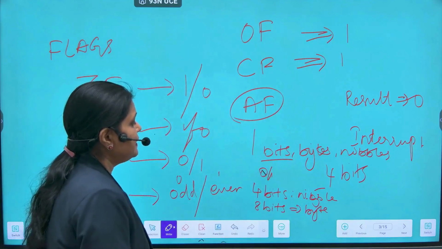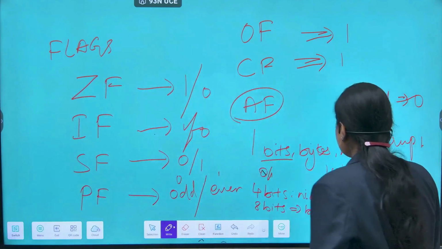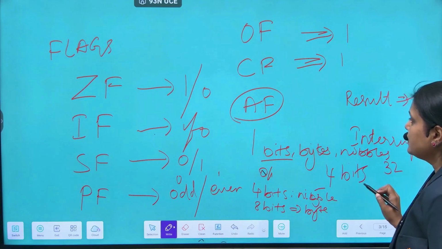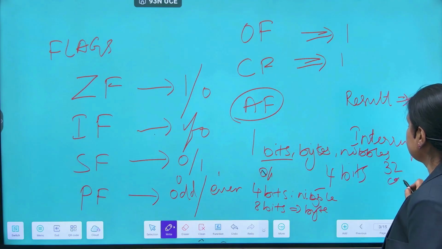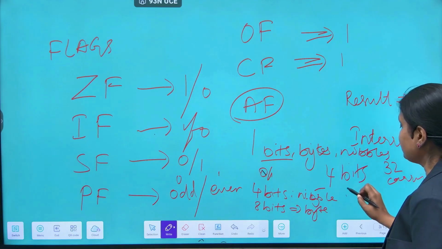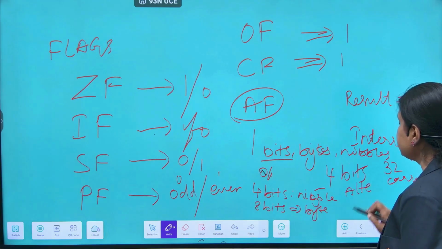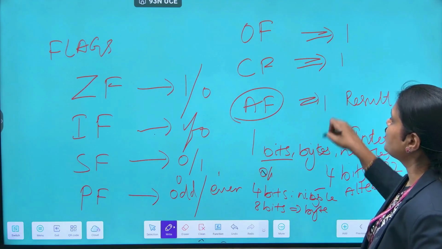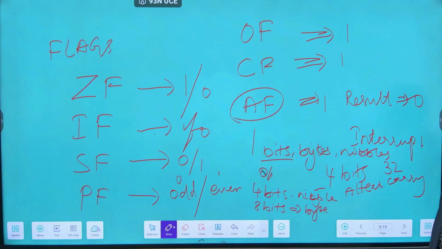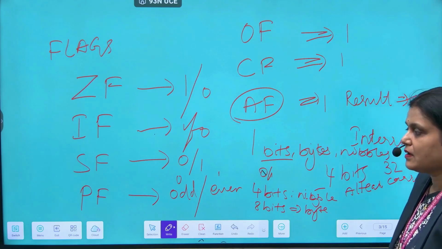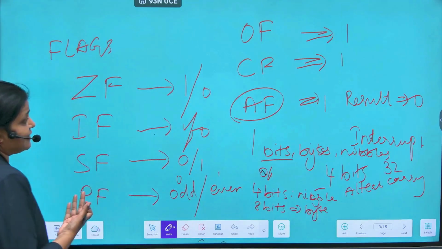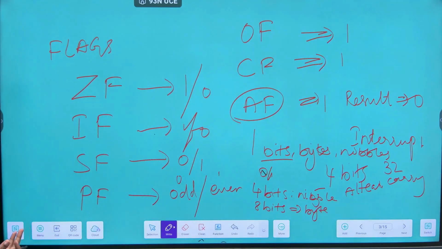So if I am working on a 32-bit number and in at least one of the nibbles a carry is produced, then the auxiliary flag is set to 1. So by looking at the flag registers only, instead of the result, we can guess what the result of the ALU operation might be.